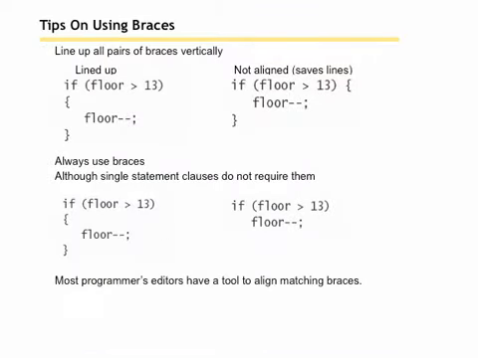Tips on braces. I strongly encourage you to line up your braces so the open brace occurs underneath the i in if, and the closed brace lines up in the same column following the code block. Some programmers prefer to leave the open brace at the end of the line that starts the code block, as in if floor greater than 13, open brace, all in one line.